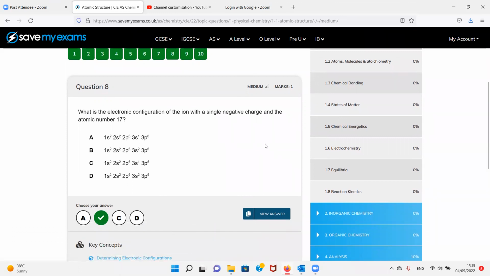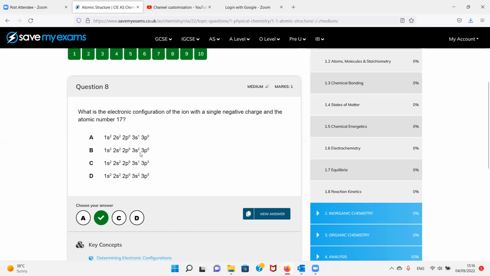What is the electronic configuration of the ion with a single negative charge, and the atomic number is 17? So if it is a single negative charge and the number is 17, that means you have to add an extra electron to this, and this will be 18.